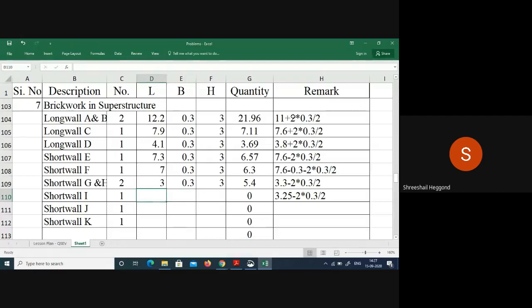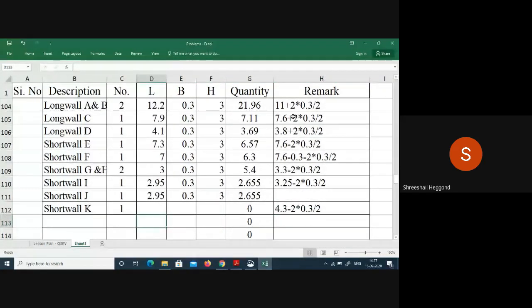That would be 2.95, 0.3 and 3 meter. And 2.95 will be the same for J also, that is 0.3 and 3 meter. K wall is 4.3 center to center minus 2 into 0.3 divided by 2. Therefore, length will be 4 meter.